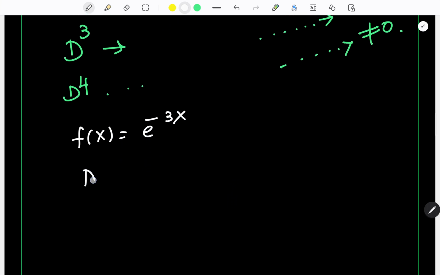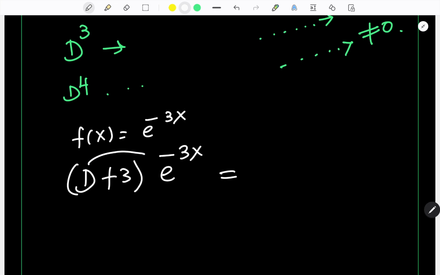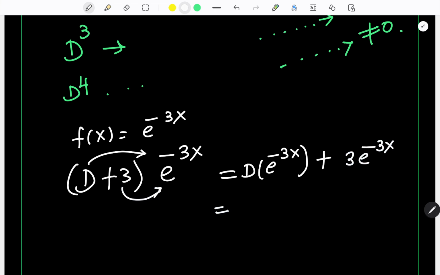So you take your function f of x equals e power minus 3x. You differentiate using the differential operator D plus 3 operating on e power minus 3x, which is equal to D operating on e power minus 3x plus 3 operating on e power minus 3x. When the differential operator operates on this, you have to take the differentiation.